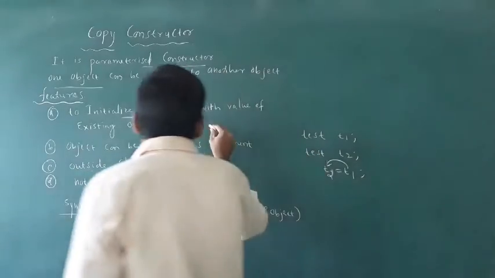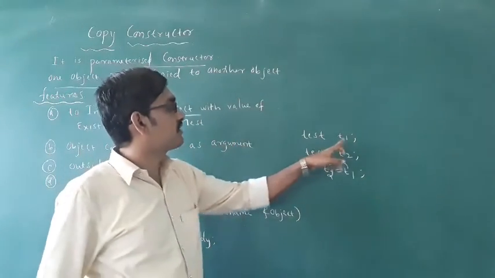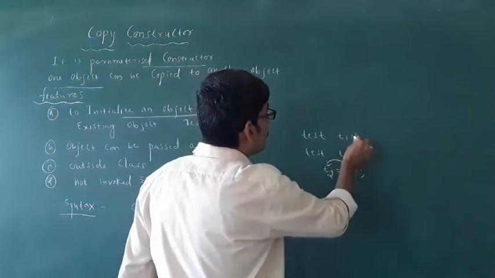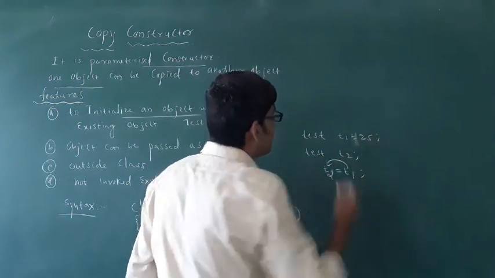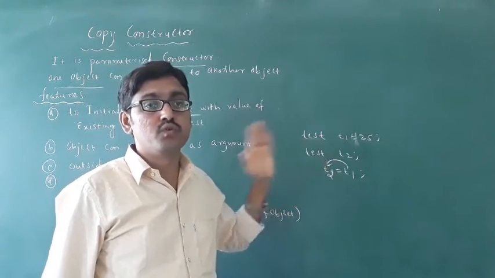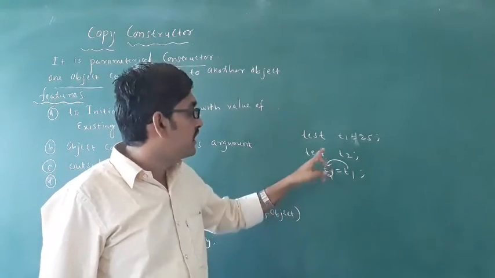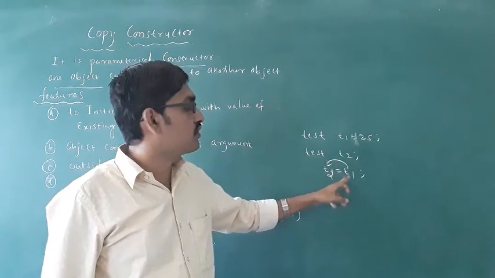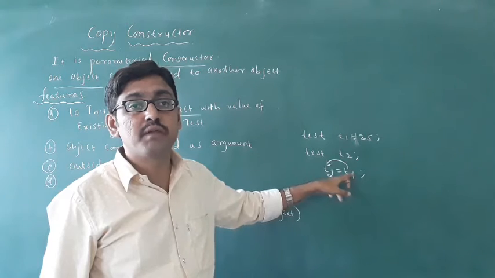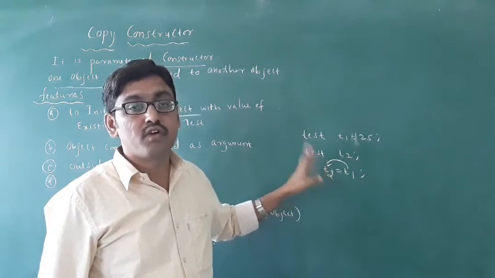For example, I am taking Test t1 with value 25. I want to copy this value to t2. Then what you have to do: take Test t2 equal to t1. The existing value of an object can be copied to another object.